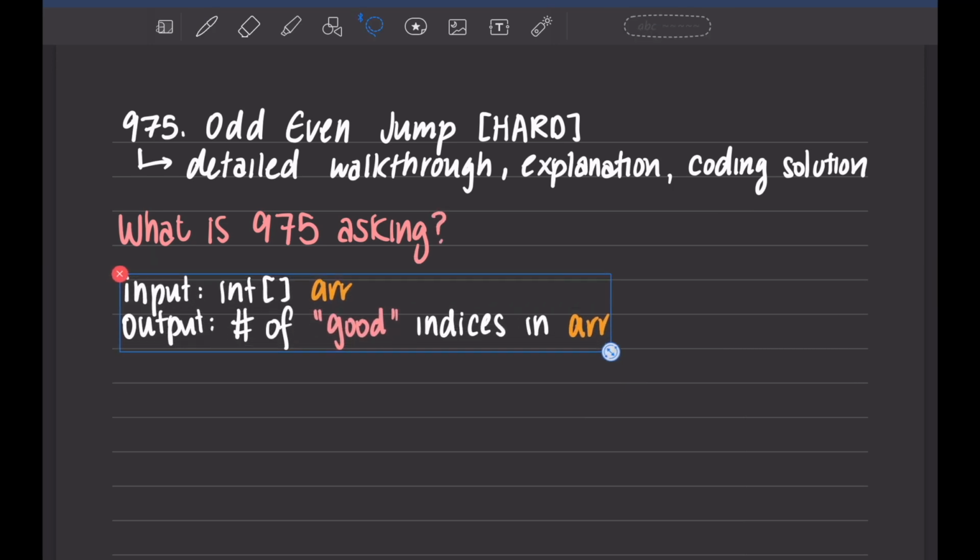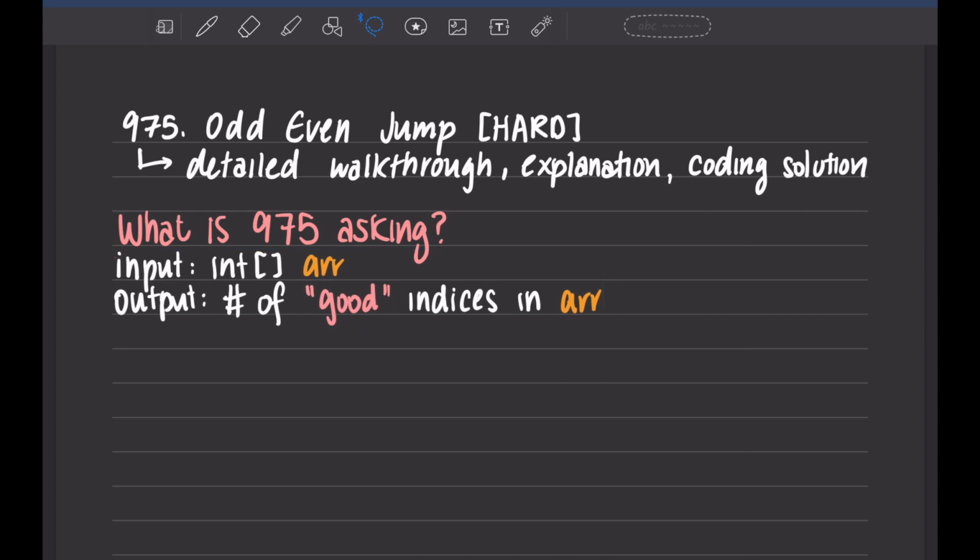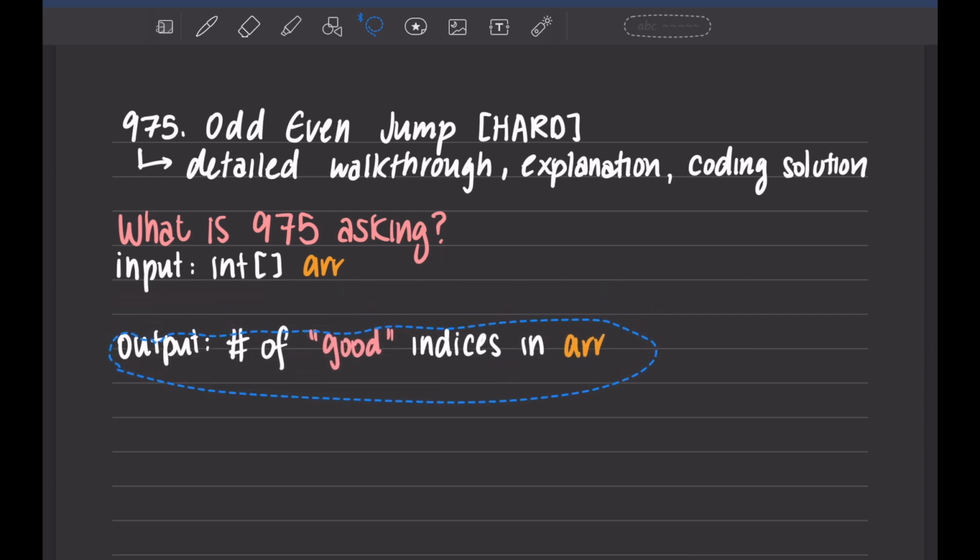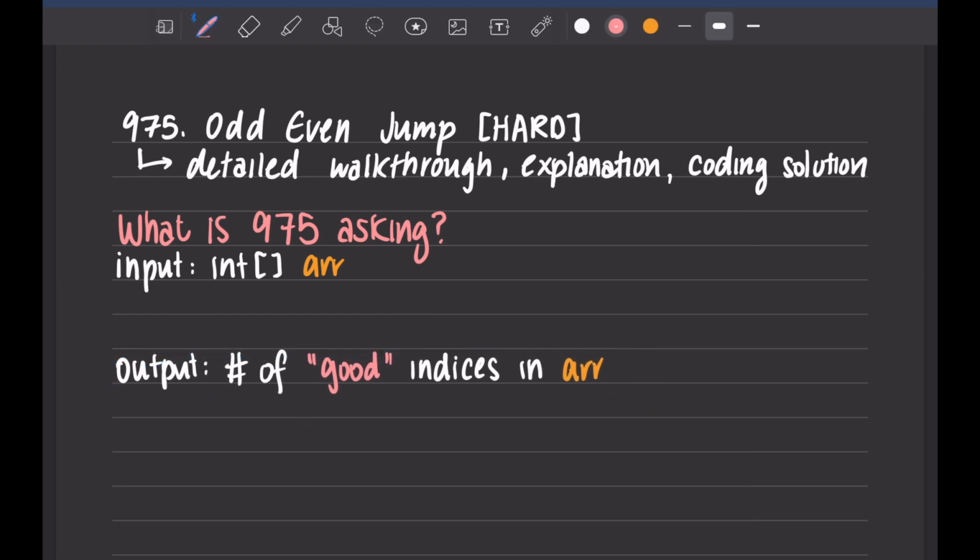In the question, we are given an integer array called ARR. There are a few things we should know about ARR. Besides the fact that it is an integer array, it has the following restrictions.